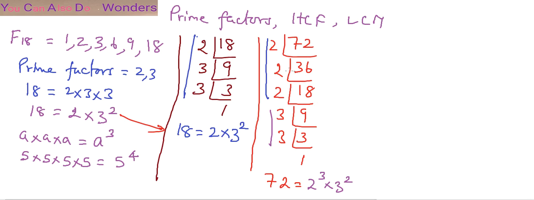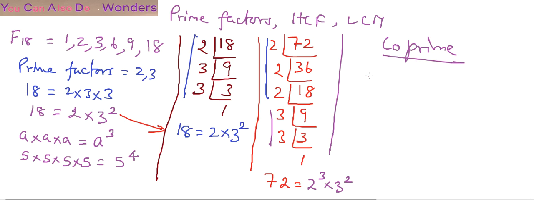We know what prime numbers are. We saw it in the last video. There is something called coprime. What are coprime numbers? Coprime numbers are a pair of numbers that don't have any common prime factor.